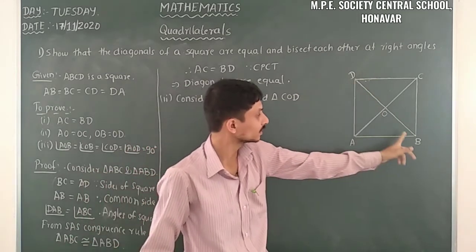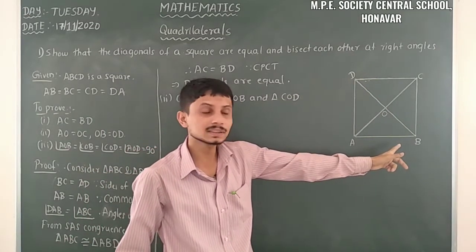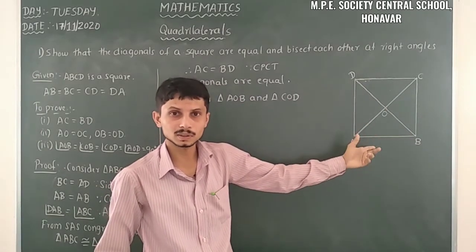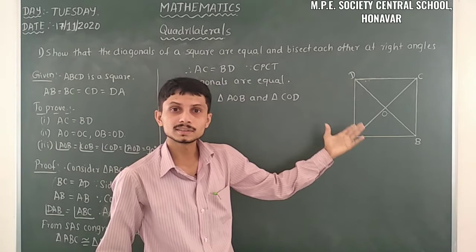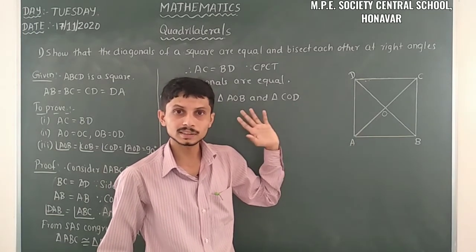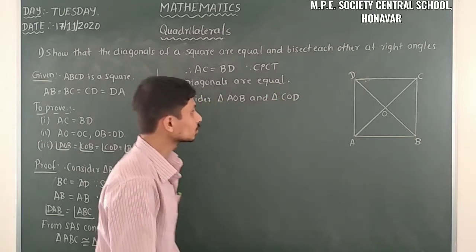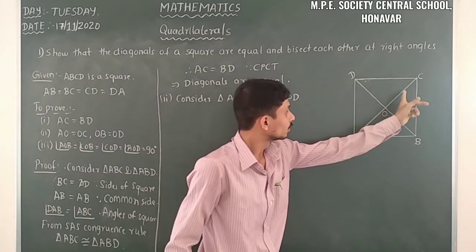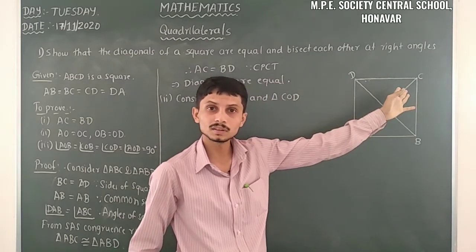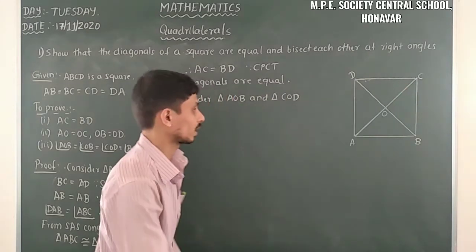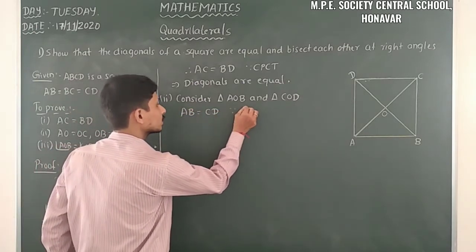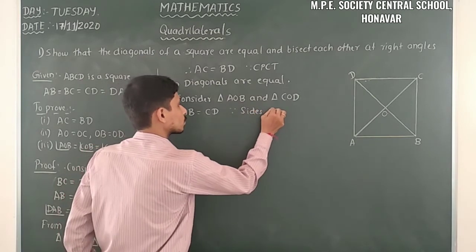When we consider one of the diagonals as a transversal, we have alternate interior angles possible. Firstly, I will take AB is equal to CD because they are sides of a square.